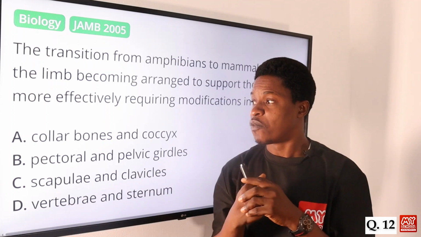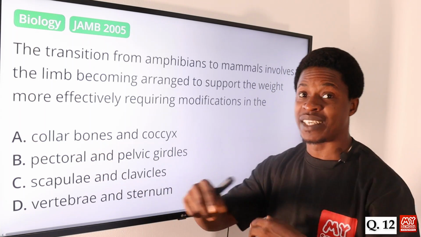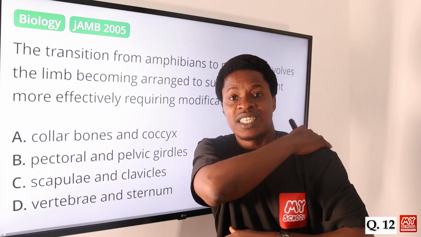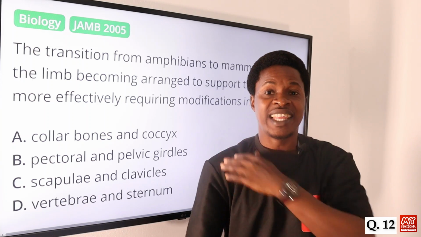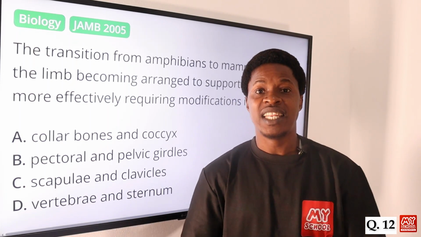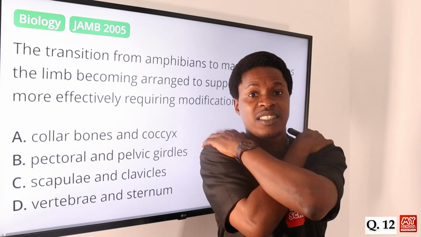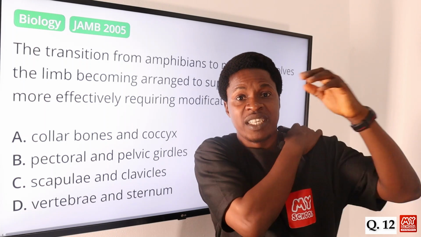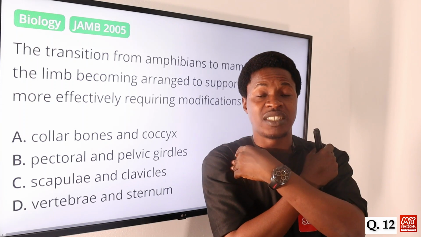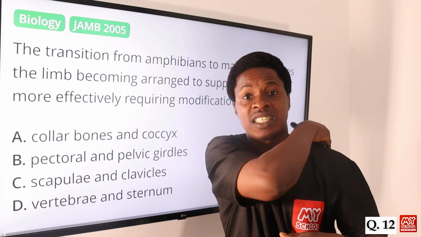And out of all of these options, the question says the modification is in the collarbones. When we talk about the limb, we are talking about this, and there's no way you talk about this without talking about this aspect, okay, and then this other aspect, the hip area, where the limb carries the weight. If you look at the skeleton of a human, that is the part where we have the joints, where the shoulder blade is, and that part we call the scapula, okay.